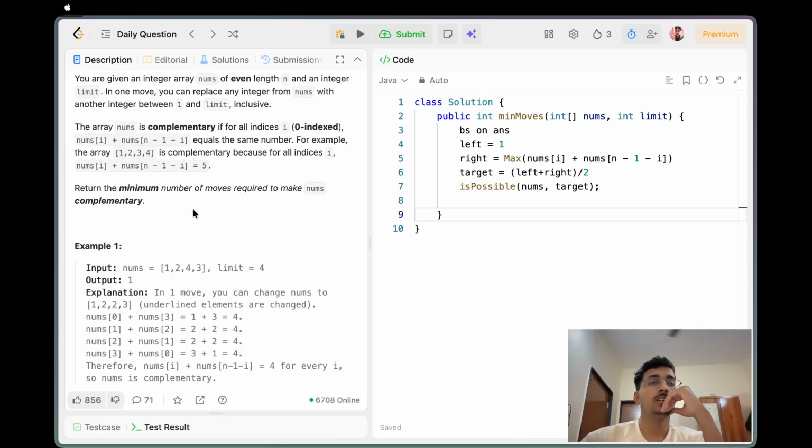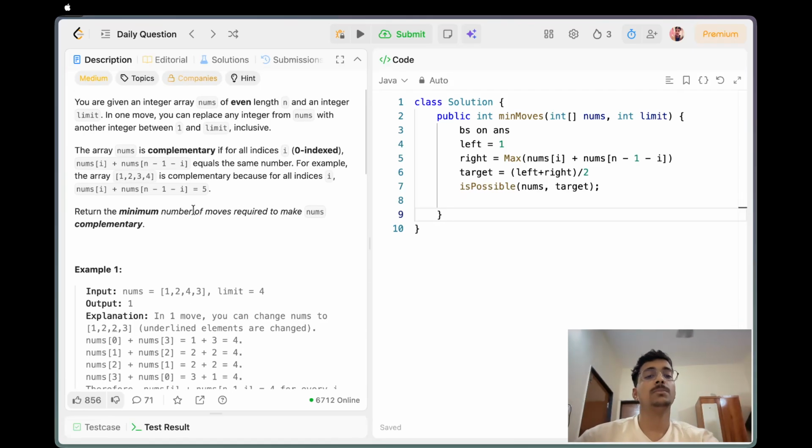Okay, we are looking for the minimum number of moves. Should I think of greedy or not? I'm thinking. What does a greedy solution say?